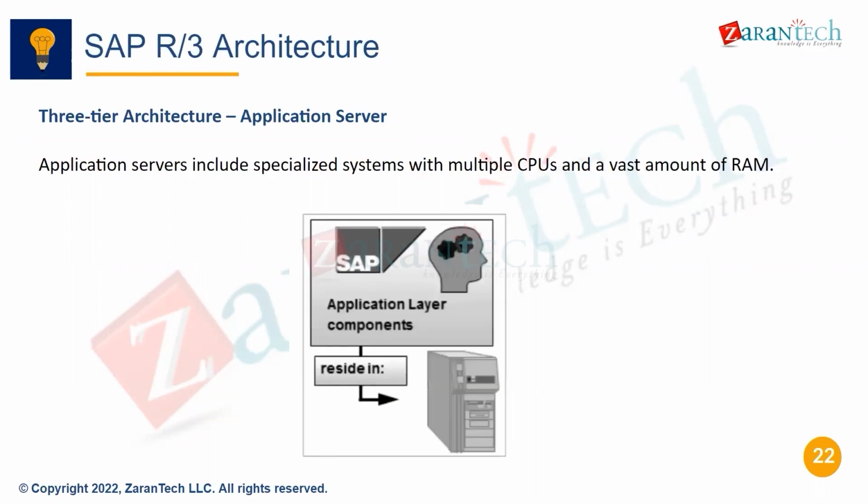And then application layer is a connection between this presentation layer and database layer. So when we enter a transaction, that should save in the database, right? So how it will save, and system should know the table names and the processes and all those things, right? So all those kind of transactions happen in application layer.